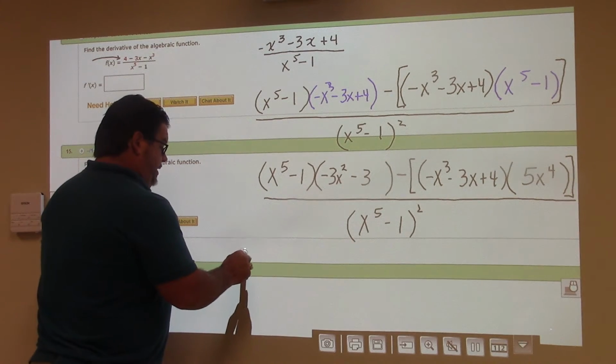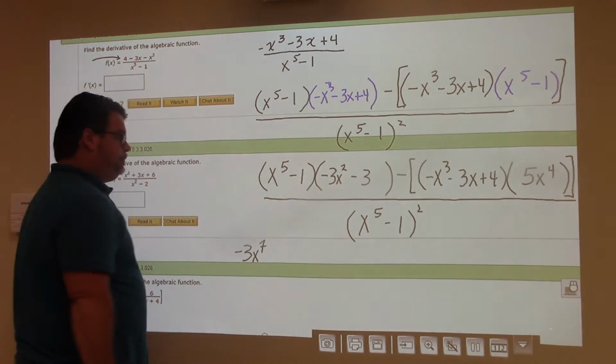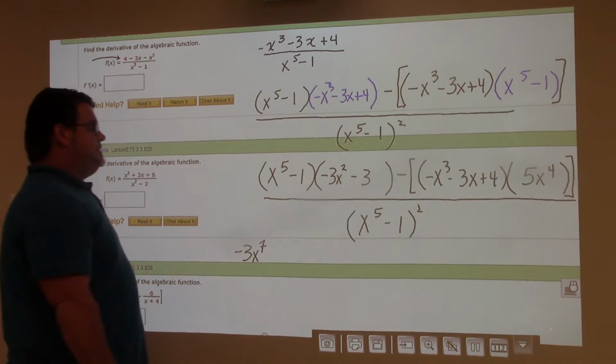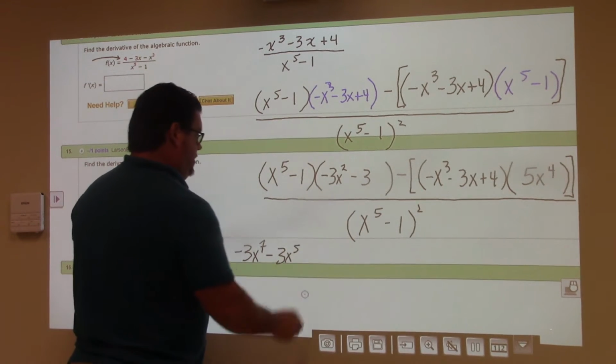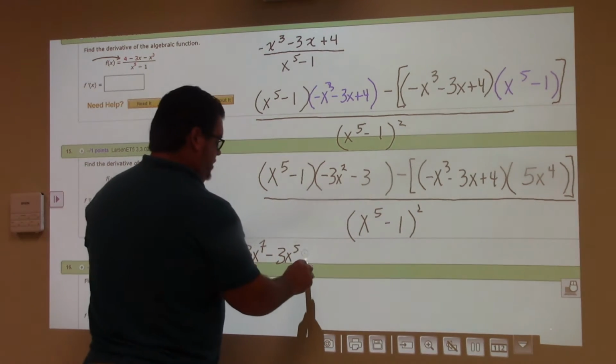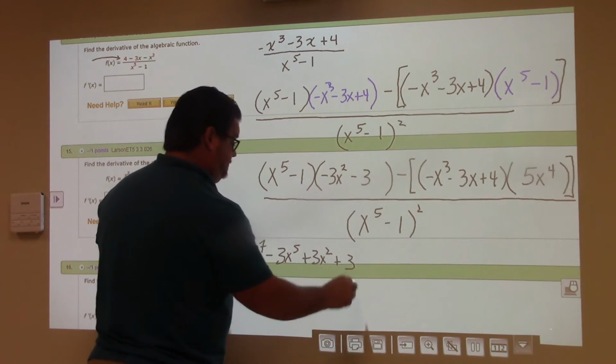So negative 3x to the 7th, minus 3x to the 5th, plus 3x squared, plus 3.